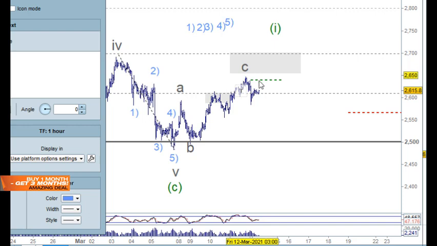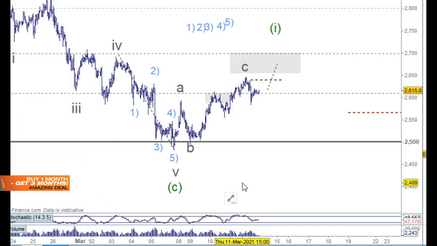If that's going to be corrective and we make a new high here, well then it's going to rule out that this is corrective here. And then we'll start counting it as an impulse wave to the upside. I think that's the best way forward.